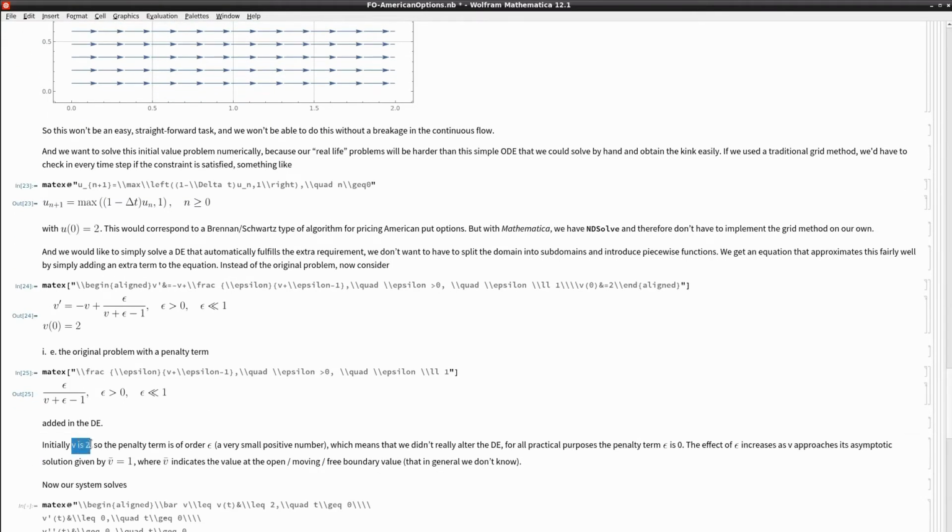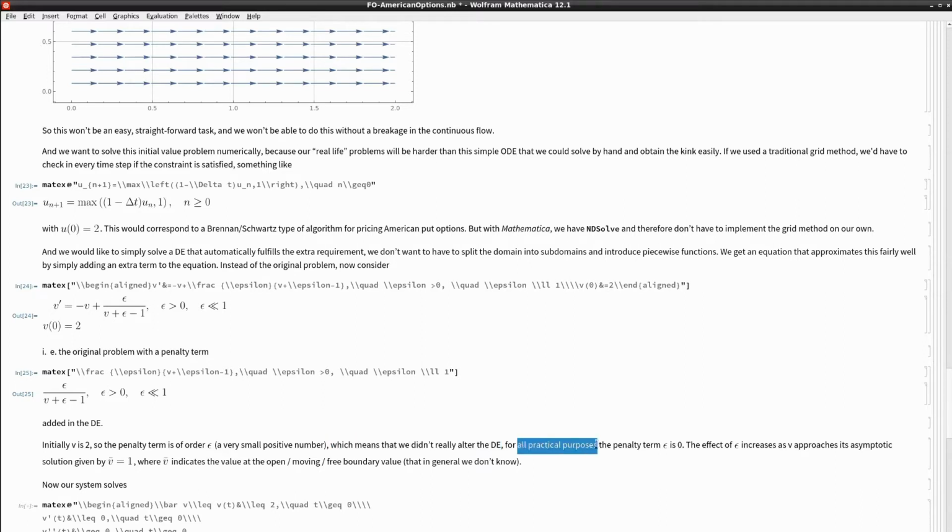Initially, v is 2, so the penalty term is of order epsilon. Right, so we have a tiny number here, and we're dividing it by something much larger. So for all practical purposes, this penalty term is 0. And when we're adding this to our differential equation, it doesn't make a difference. So this is behaving like our differential equation that we had above. It means we didn't really alter the differential equation.